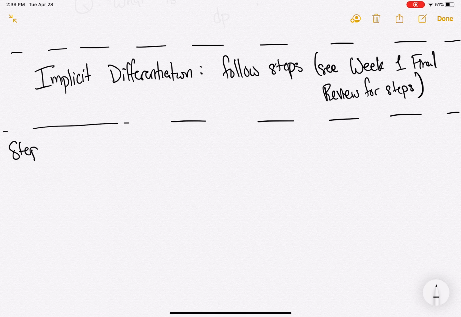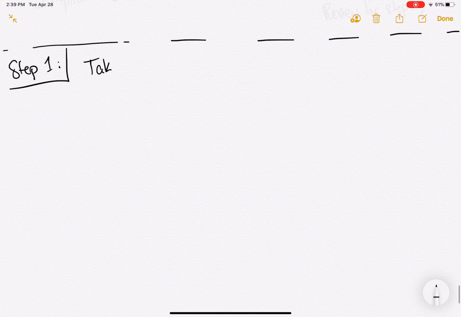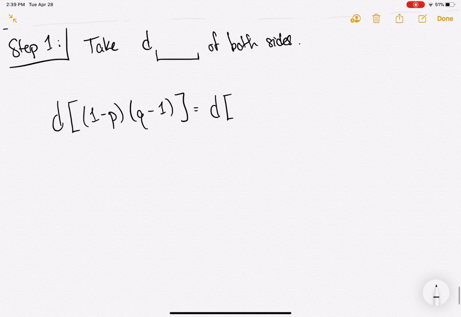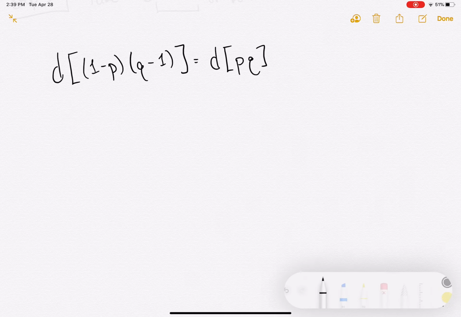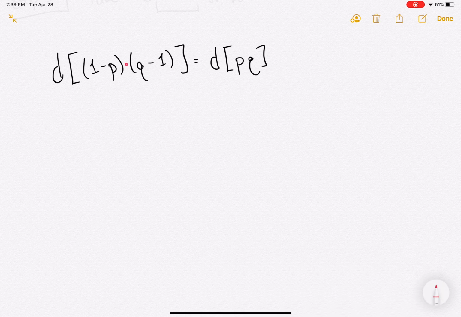Step 1, we're going to take D of both sides. So if we do that here, D of (1 minus P)(Q minus 1), and here D of PQ, we have these products sitting in here.